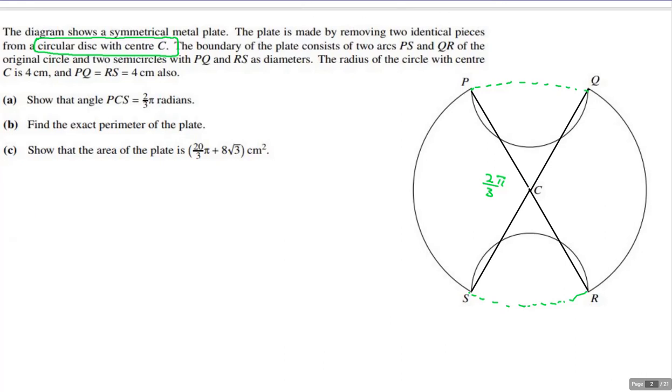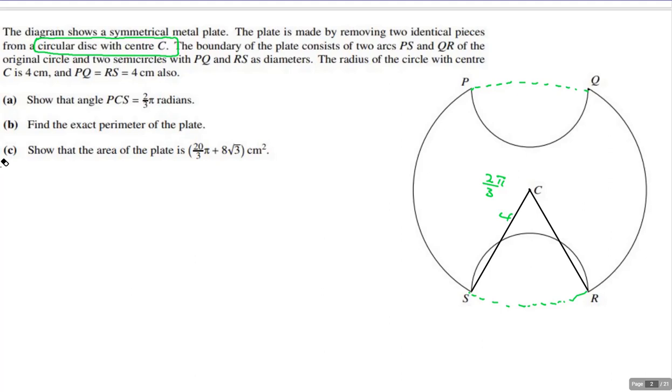Actually, I don't even think I need these lines. How do you find the area of a circle? Use the formula pi r squared. We do know that this has got a radius of 4. They told us that, right?